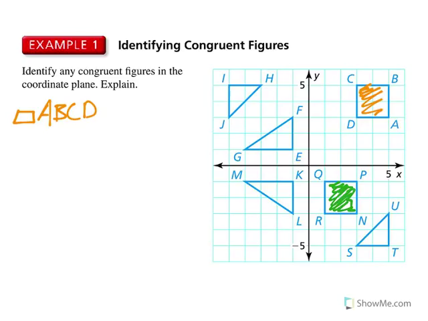These are squares because both sides are the same length. I have a 2 by 2 square here and a 2 by 2. So they would appear to be the same size and same shape. So I could say that these figures would be congruent using my congruent symbol. And so I would say ABCD is congruent with NPQR.